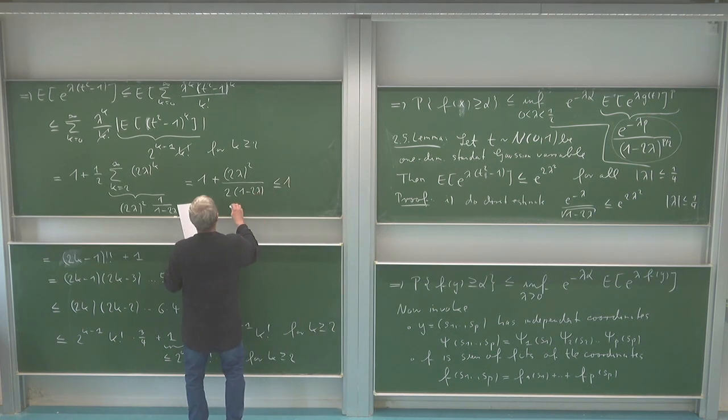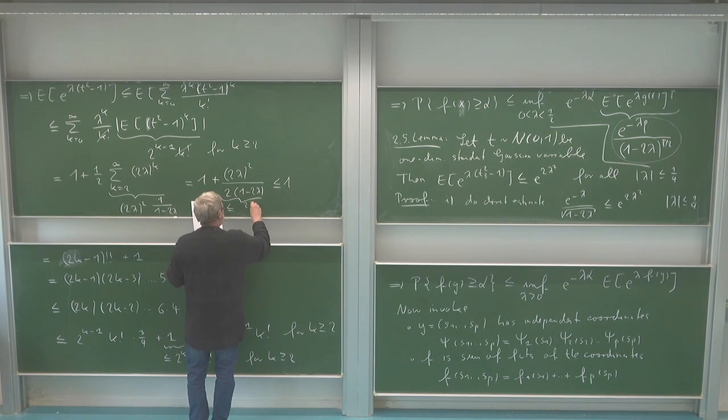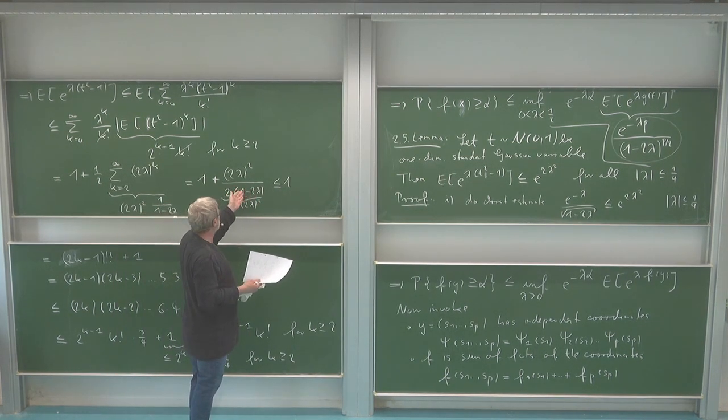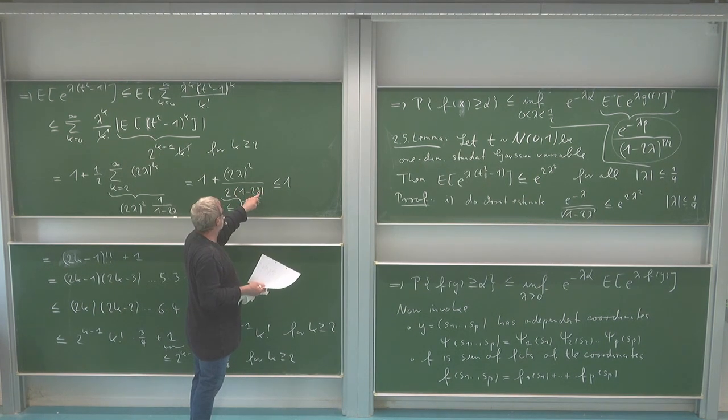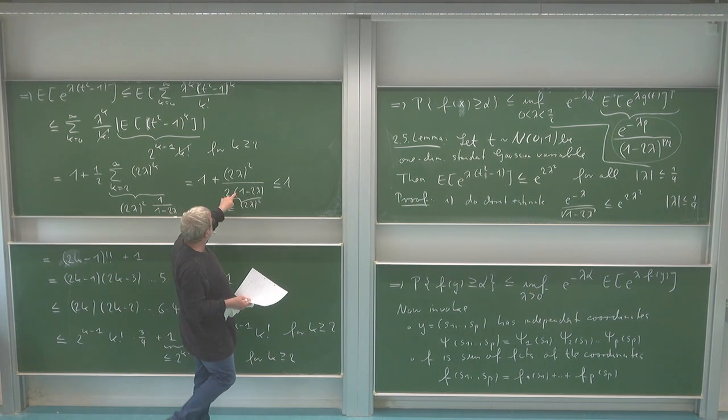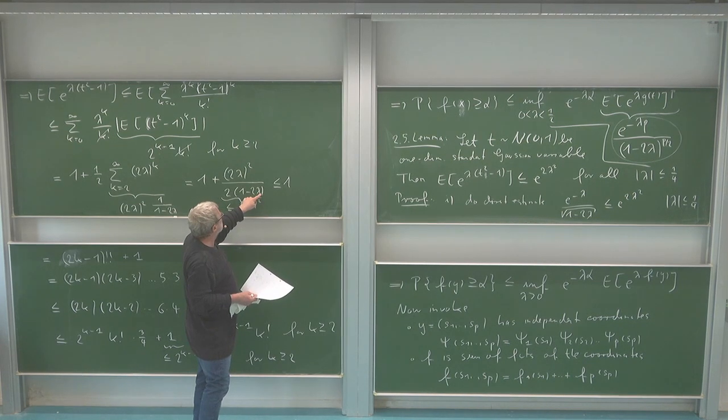And now I wanted to say that I estimate this against, okay, I have the 2 lambda squared in the numerator. And I want to estimate this division here. Of course, if lambda goes to 1/2, this explodes. But if lambda is less than 1 over 4, then the biggest I'm dividing by is 1 minus 2 times 1 over 4.